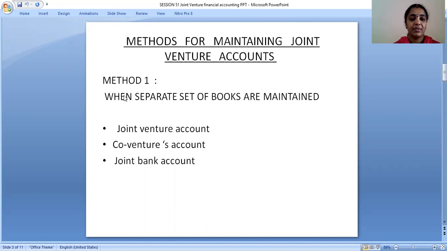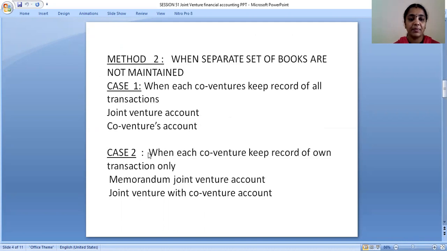In the first method, three accounts will be prepared: the joint venture account, the co-venture account, and the joint bank account.